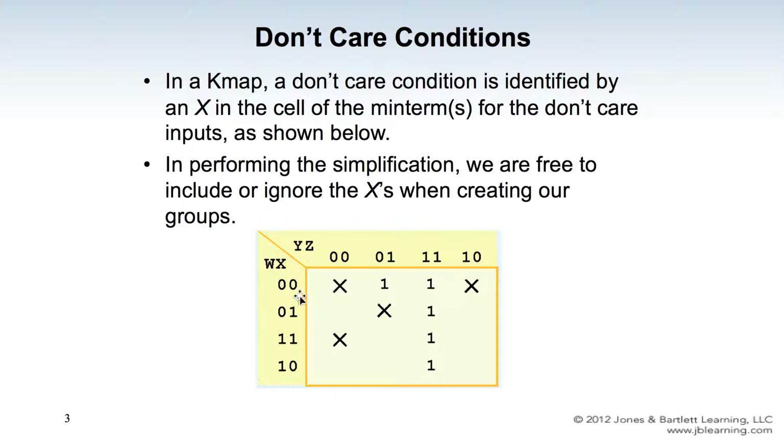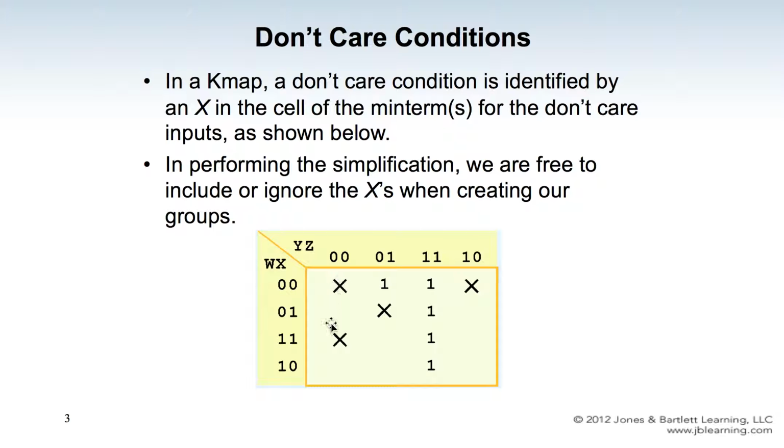A don't care condition is identified by an X in the cell of the minterm. For example, we have a don't care condition corresponding to the values 0 0 0 0 for W, H, Y, Z. Don't care means that when the input equals 0 0 0 0, we don't care about the output. It can be either 0 or 1, which is fine with the application we have.